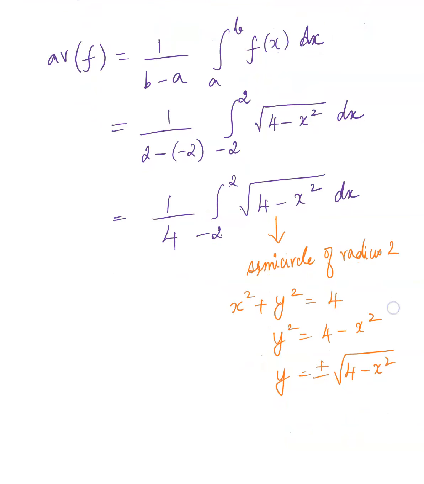Now, the positive root would be the upper semicircle, and the negative root will be the lower semicircle. Together, it forms the circle. So here we are talking about the positive root, therefore it's the upper semicircle. And of course, the integration limits also indicate negative 2 to 2, so its radius is 2.